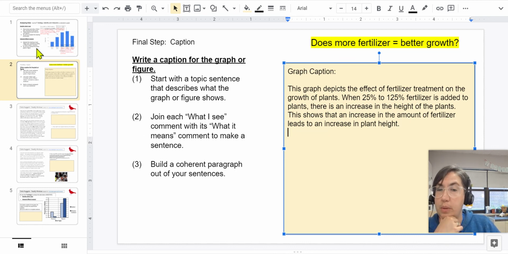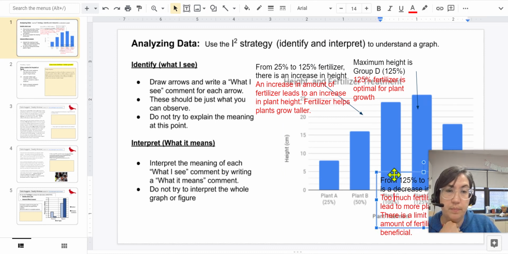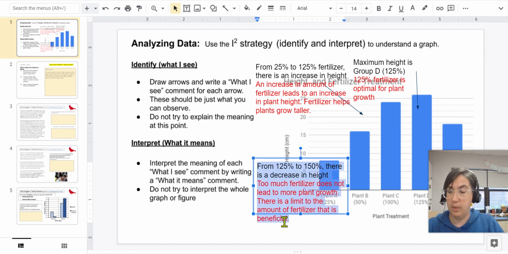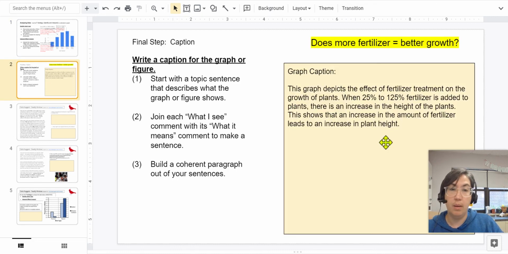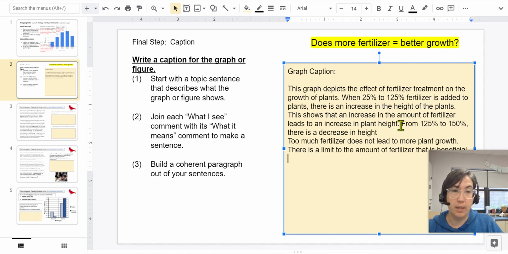And let's go back to our previous. I think this is another good one. Control C is another way to copy. Come back here, paste without formatting. I don't need the color.